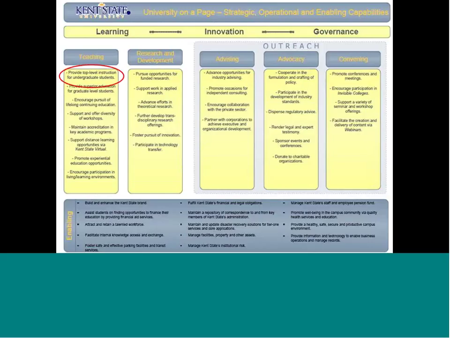We might have a capability for fulfilling financial and legal obligations, or managing technology, or managing facilities, property, and other assets, for managing the risk, for managing employee and staff pension funds, safety and security under well-being of the campus community, etc. So we have some standard capabilities that we support to make sure that the institution can function each day.